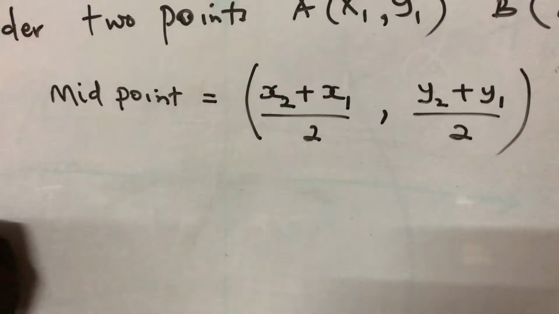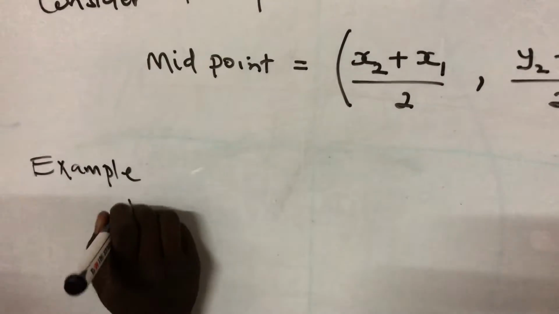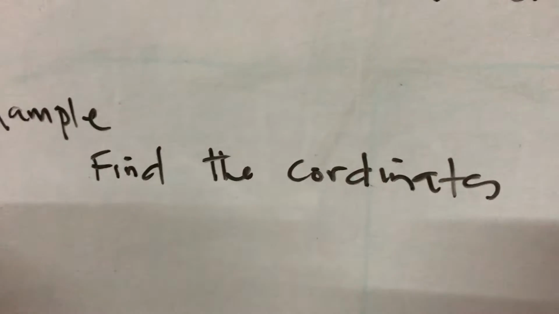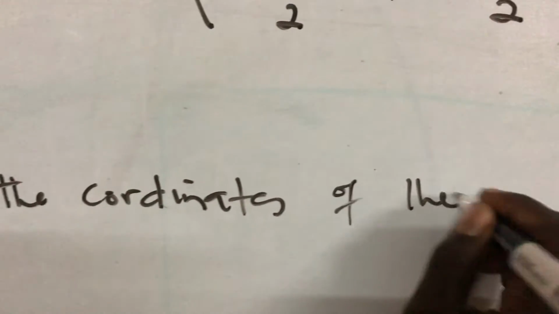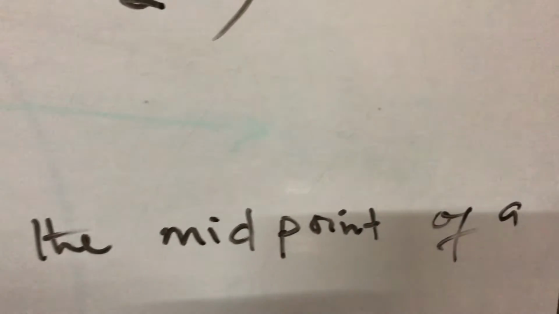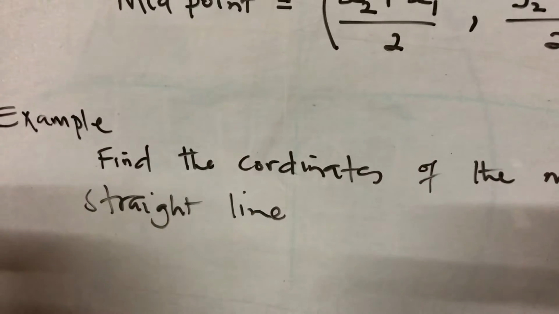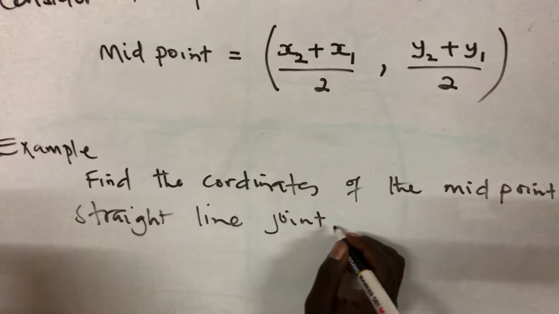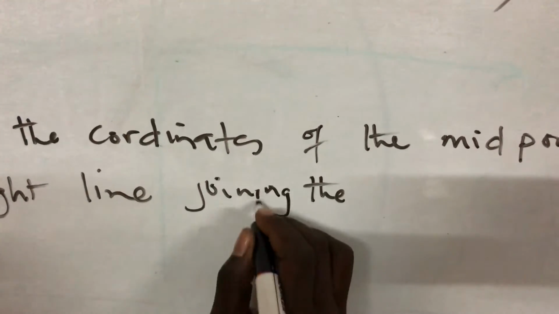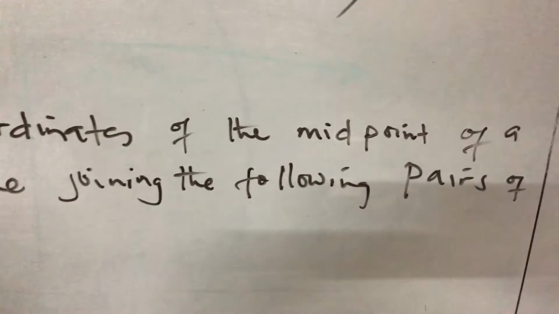Let's look at an example of this kind. Example: find the coordinates of the midpoint of a straight line joining the following pairs of points.